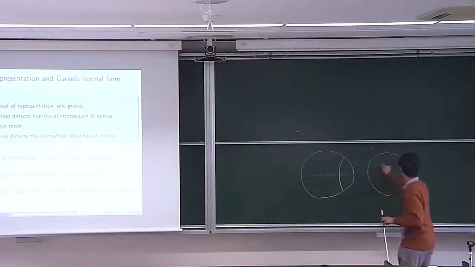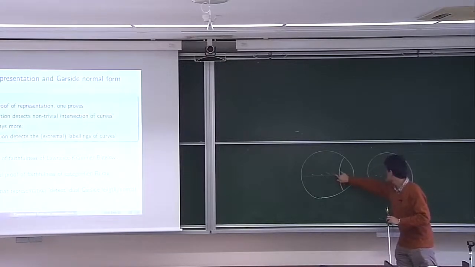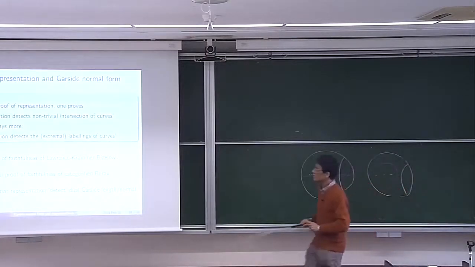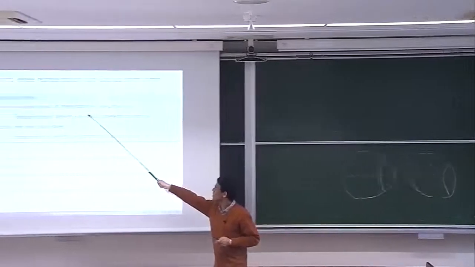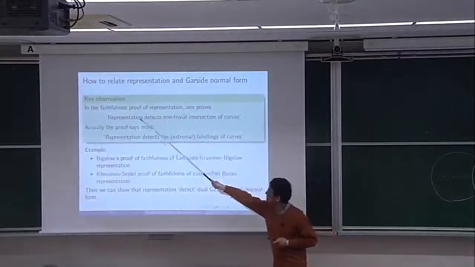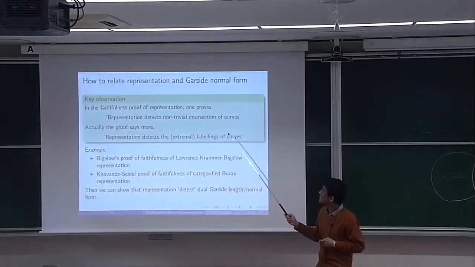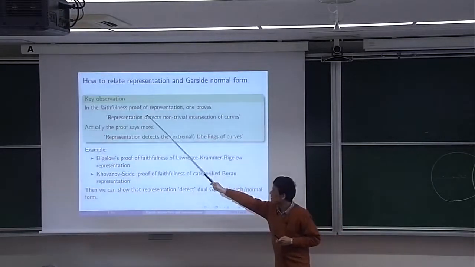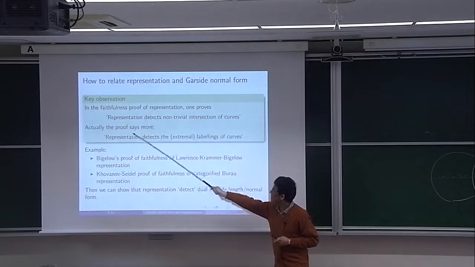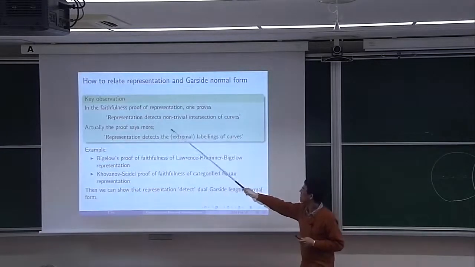We can detect whether these two curves intersect or not, by some geometric or algebraic argument. But examining the proof precisely, it actually says more. The representation actually detects the labeling of curves.